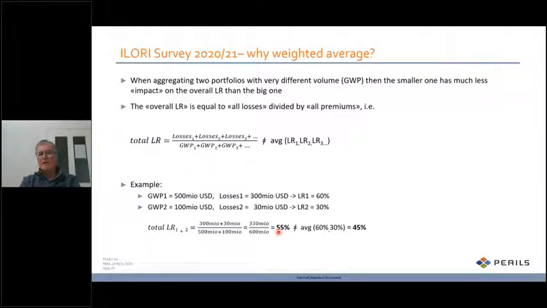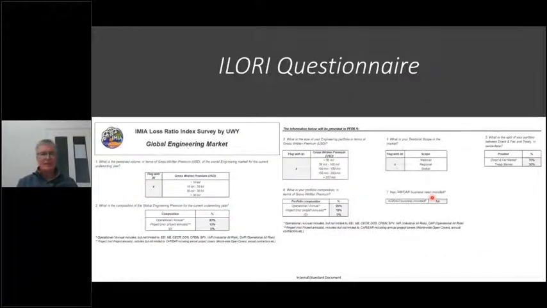So you see there is a substantial difference in the resulting loss ratios, and that's why it is more correct to calculate with the proxies via the premium volume which you respondents or participants in the survey indicate to us via the premium volume band. So this is basically all from my side. Thank you very much for your attention, and I hand over to Simon.